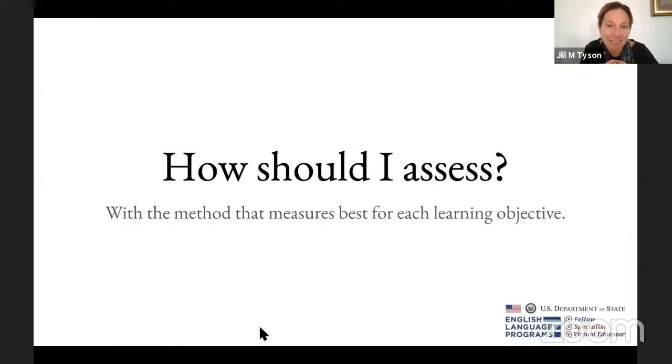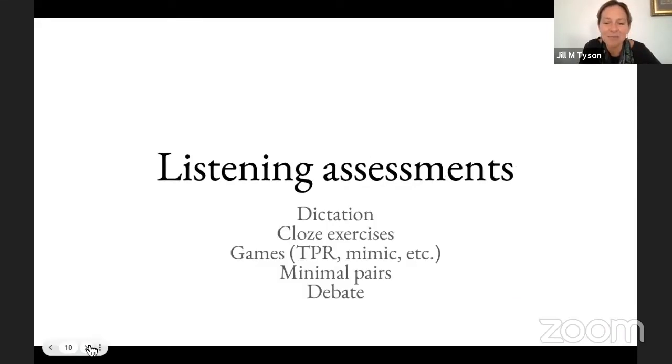So how should we assess? And the answer is easy: use the method that measures best the learning objectives. We know that for listening, we do things like dictation, cloze exercises, TPR, minimal pairs and debate.